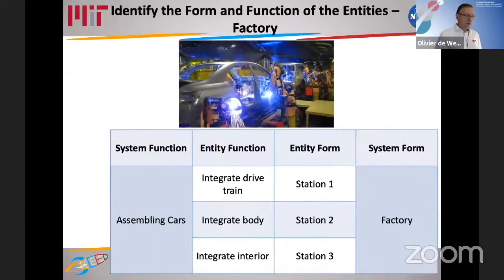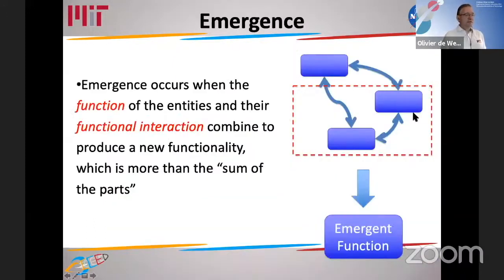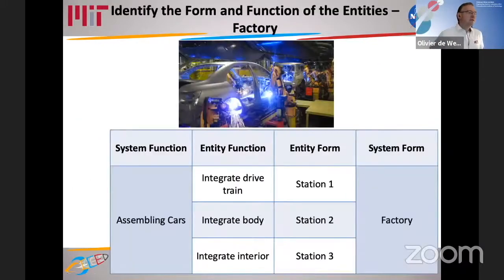Now, what we want to do is zoom inside of this red dashed box and expose the internal entities, so the sub-elements or components of the system. So going back to our 3 examples, the factory, we've now decomposed the factory into 3 elements of form, and they're typically stations.